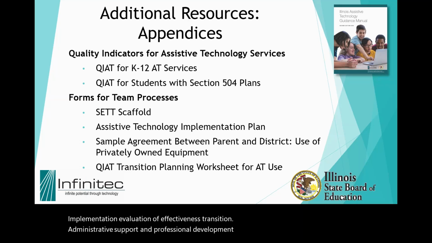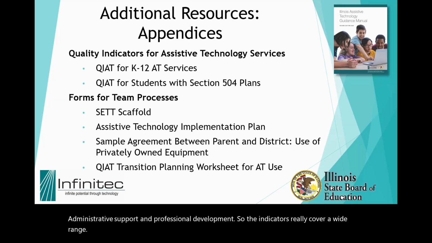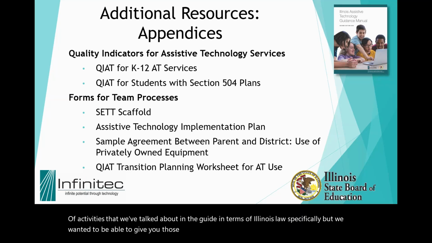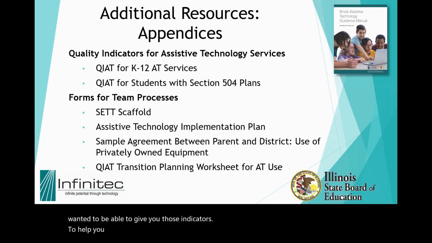So the indicators really cover a wide range of activities that we've talked about in the guide in terms of Illinois law specifically, but we wanted to be able to give you those indicators to help you get a picture of what high quality assistive technology services might look like.